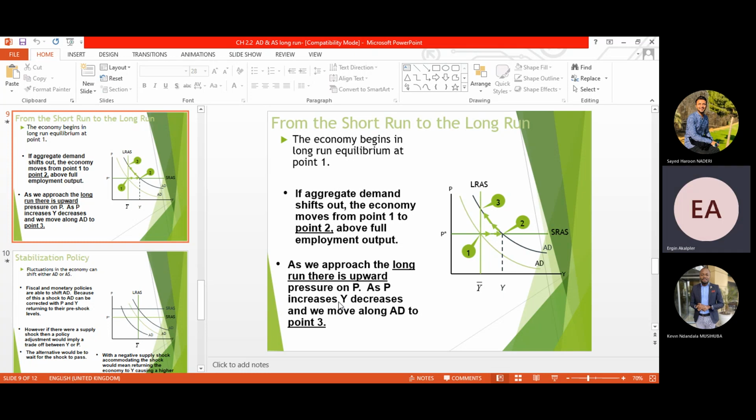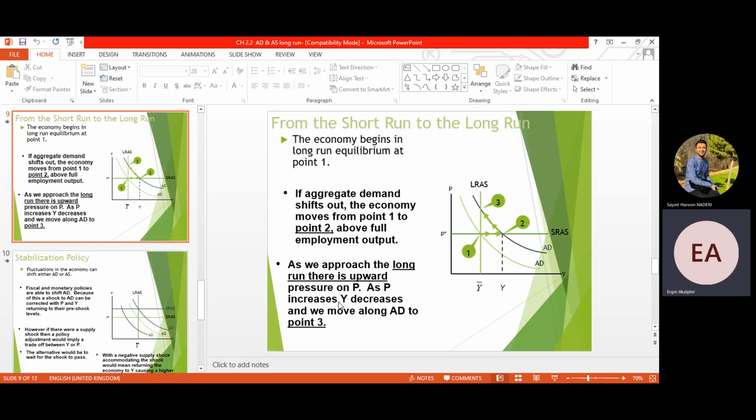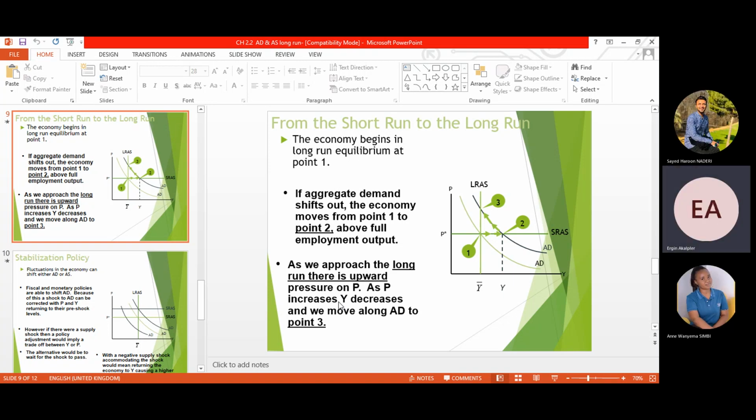The price pressure shifts the aggregate demand back to the smaller position, and point 3 is realized because the aggregate supply is reduced. As you are observing, the output is reduced and causes this new position.